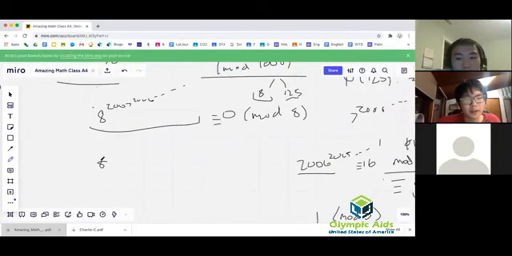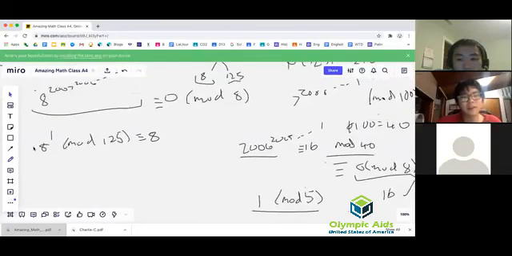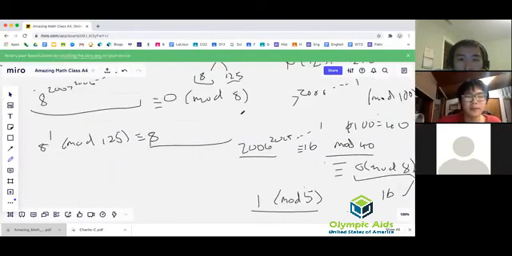We want 8 to the 1 mod 125, which is just 8. So we're stuck with the Chinese remainder theorem again, but this one's really easy. It's just 8, because 8 is 8 mod 125 and 0 mod 8. So our final answer is going to be 8, and the last 3 digits are 0, 0, 8.